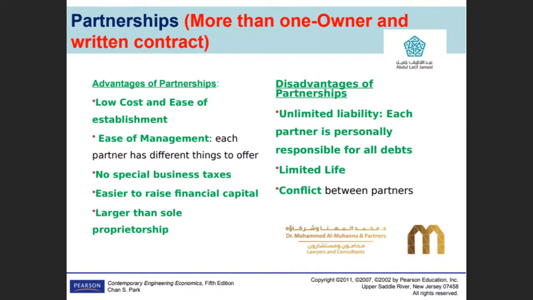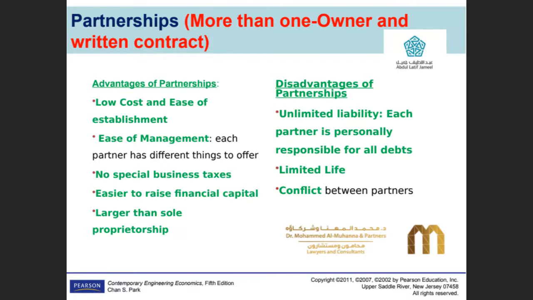Okay, thank you. Now, partnership is another form of business organization where there is more than one owner, and it is formed through a written contract. What are the advantages of a partnership?